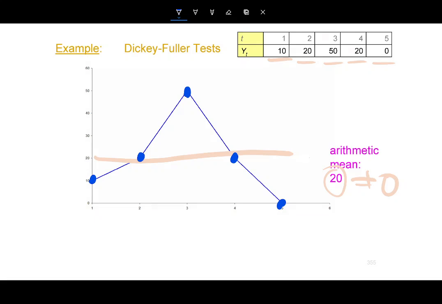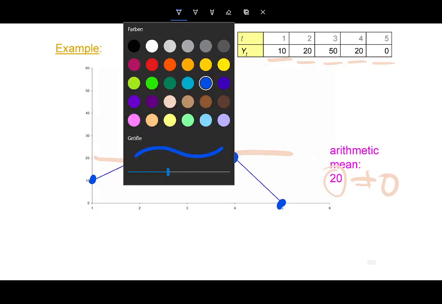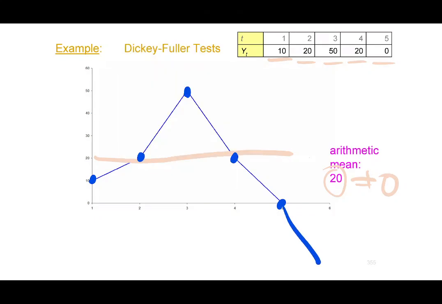So if it's stationary, it's not going to be stationary around the mean 0. That means probably not, right? If it would evolve further downward, then it could be the case. I don't know where the process would go.